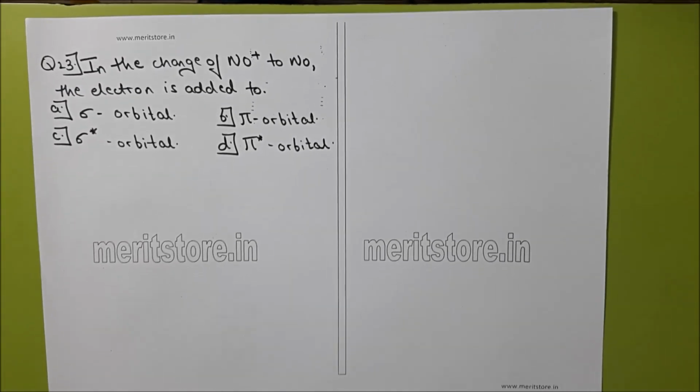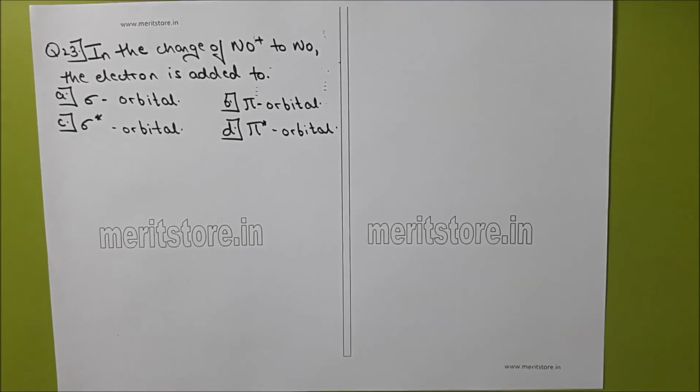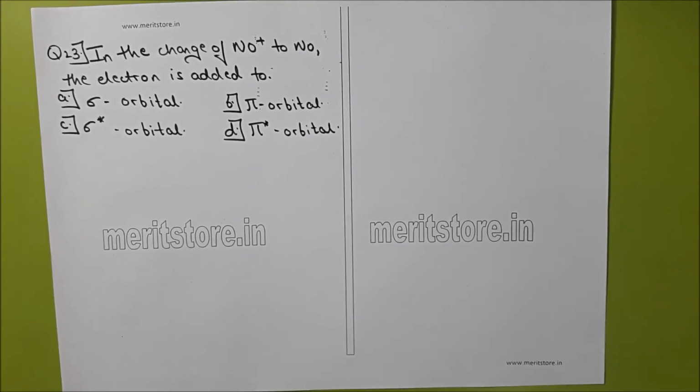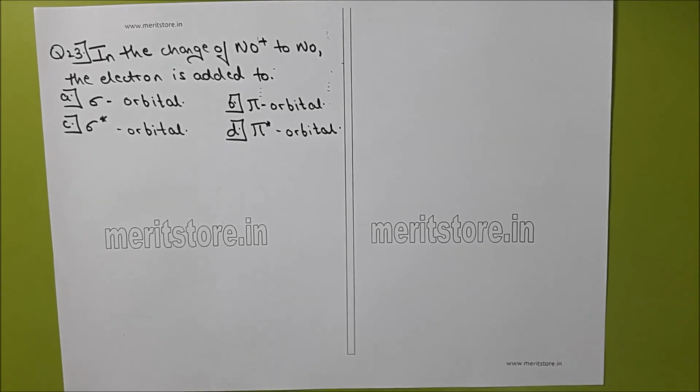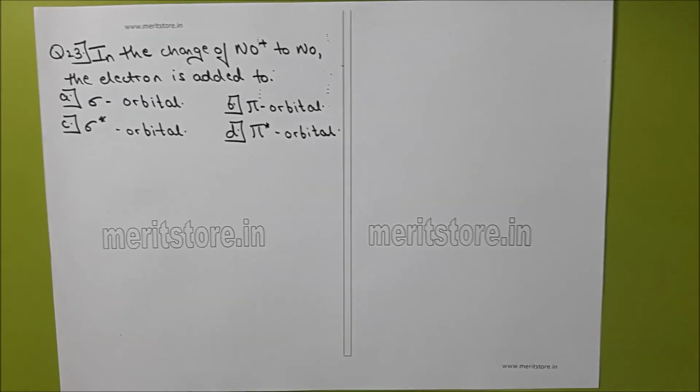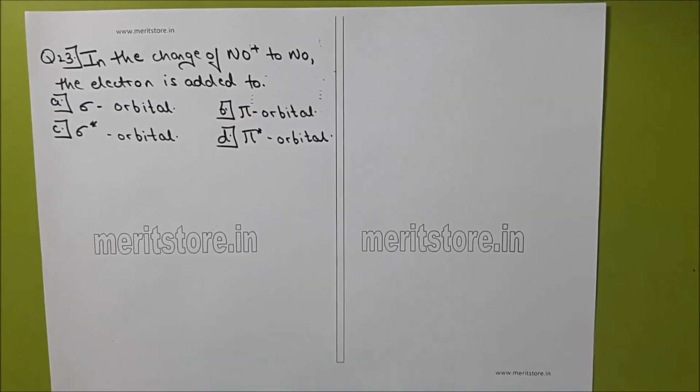Question number 23. In the change of NO plus to NO, the electron is added to A sigma orbital, B pi orbital, C sigma star orbital, D pi star orbital. Okay.